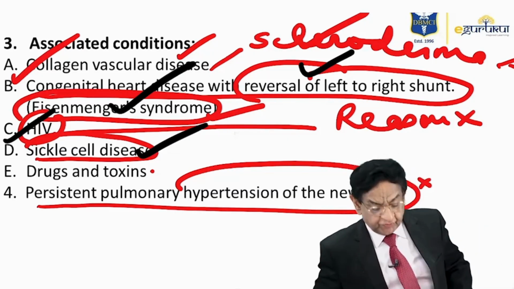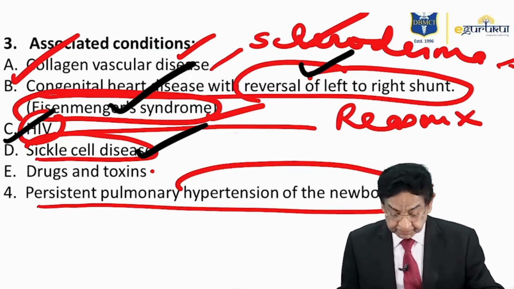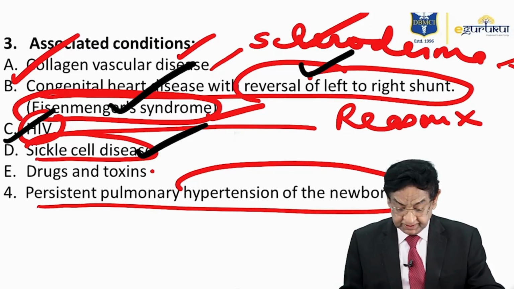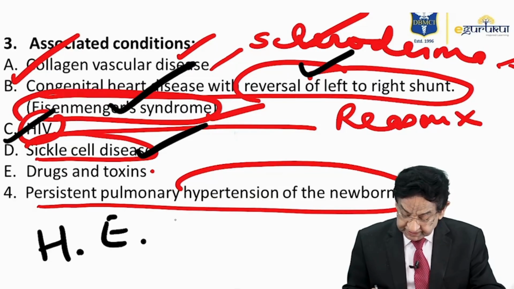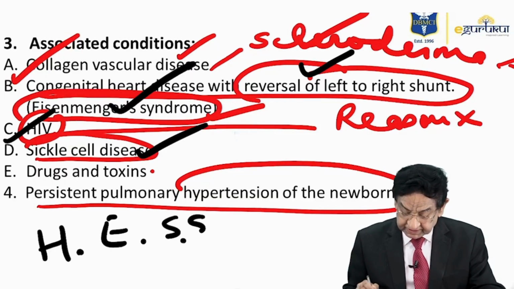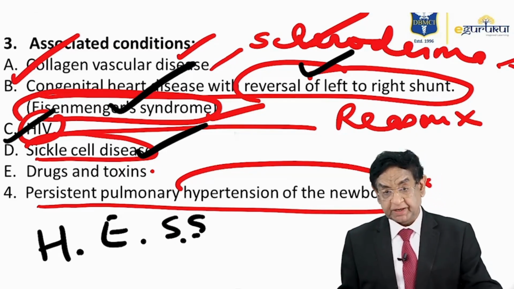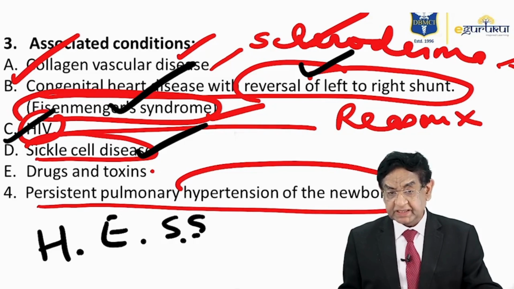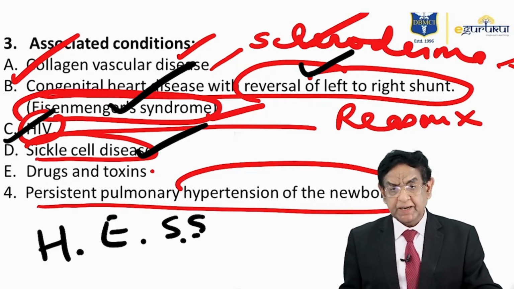These are the four things that you should not forget. Okay? Right? So the mnemonic is HIV, Eisenmenger, sickle cell and scleroderma is the example that we can have. Mnemonic to remember important causes of pulmonary arterial hypertension.